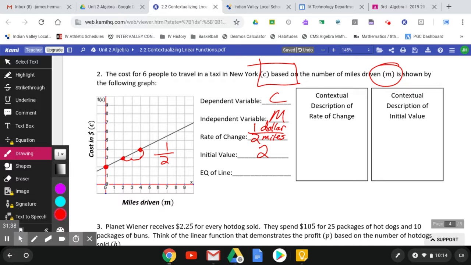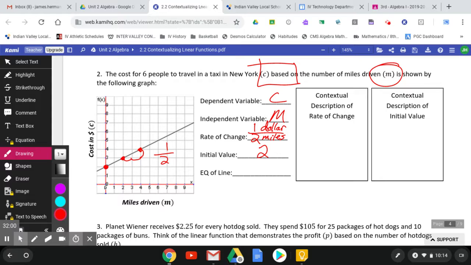I need one other way to know that this is my initial value. Yes? Very good. It's the value when your input is 0. And our y-intercept always has an x value or input of 0. Good. Thank you for remembering that one. That one's the one we usually miss.